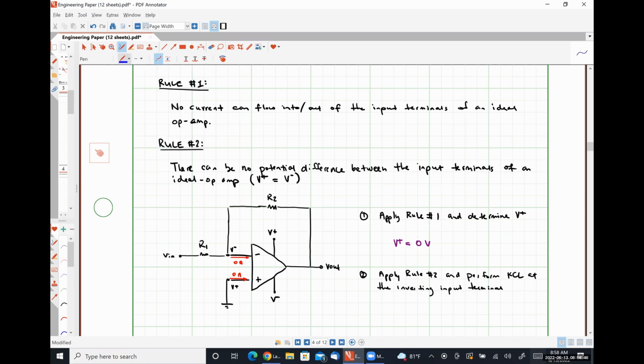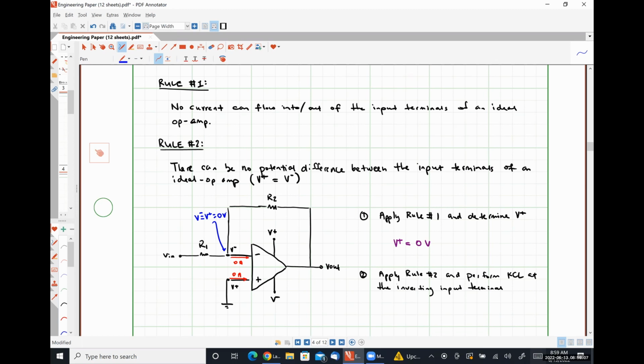So in this case, the application of op amp rule number two tells us that the voltage present at our inverting input terminal is 0 volts.